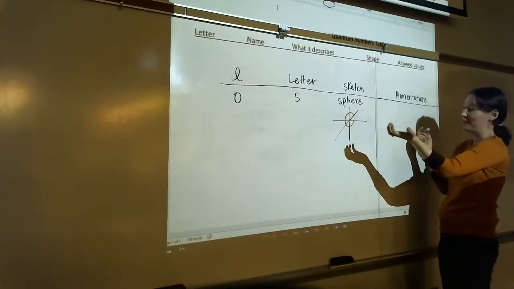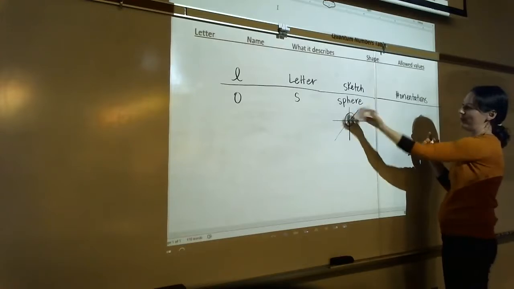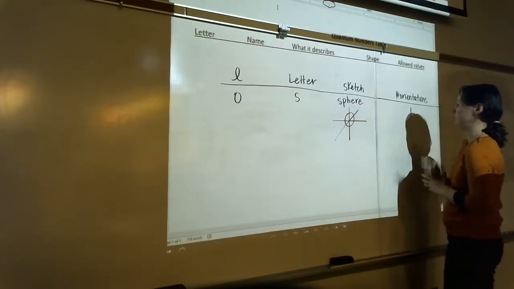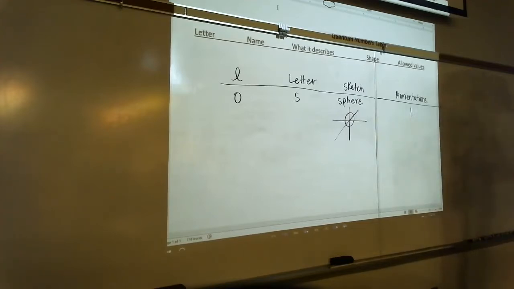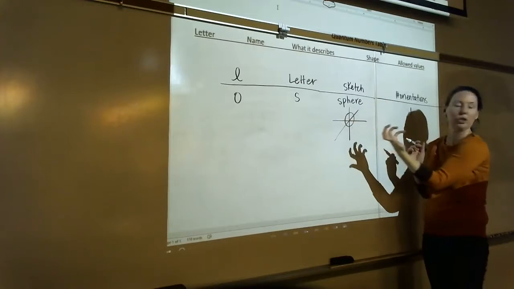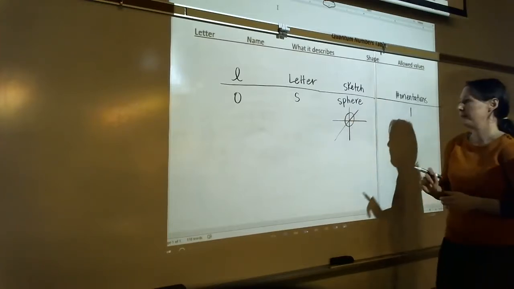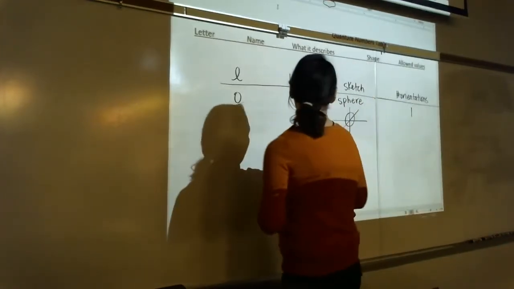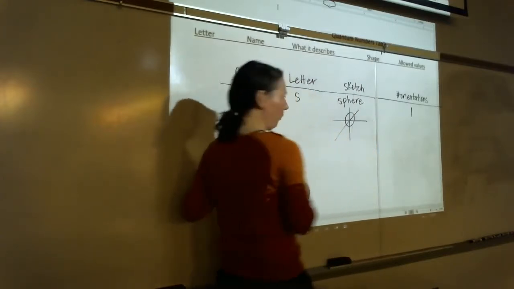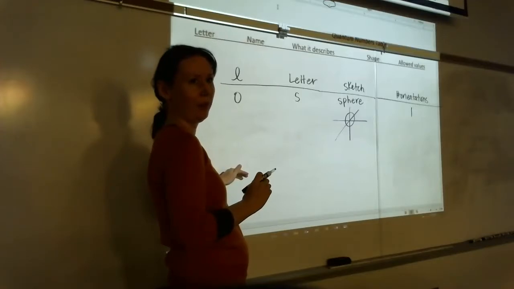There's infinity, or there's just one, because no matter how you rotate this, it's always going to look the same. So there's only one orientation that's possible. So that's an s orbital.